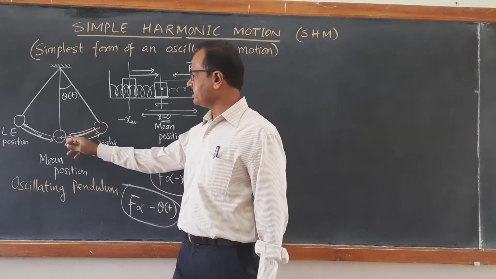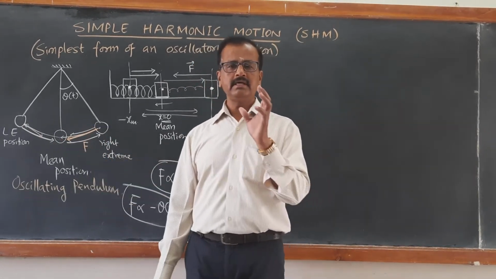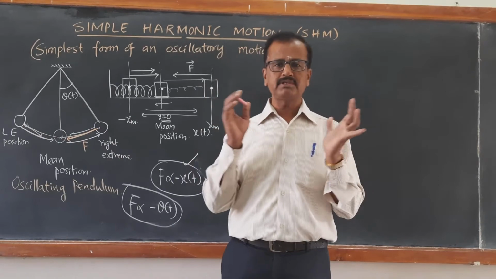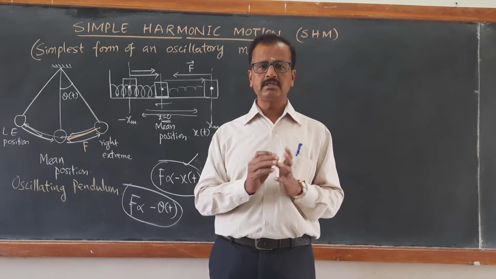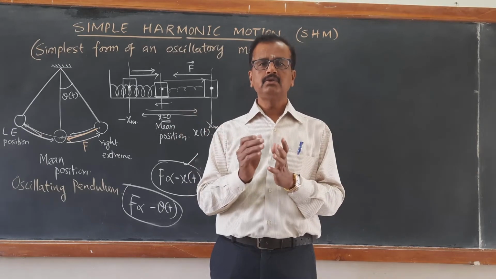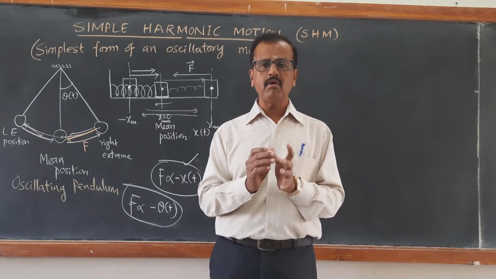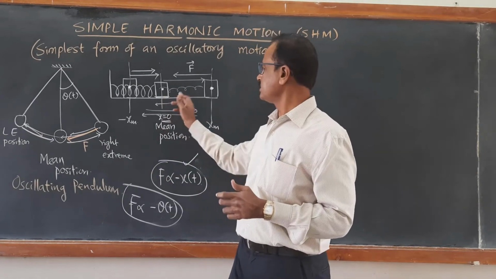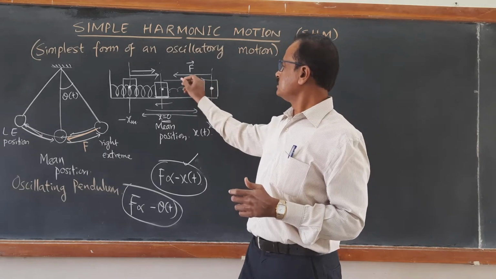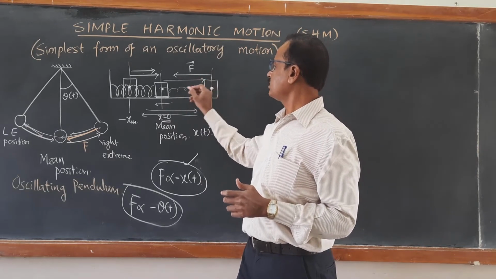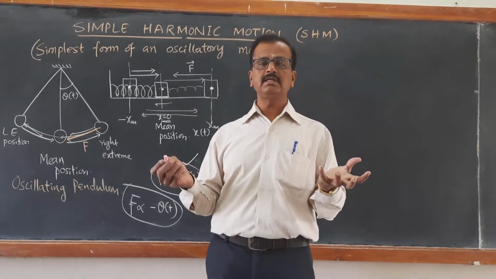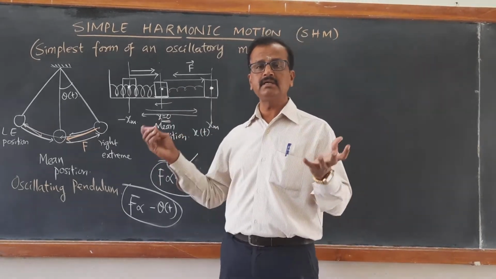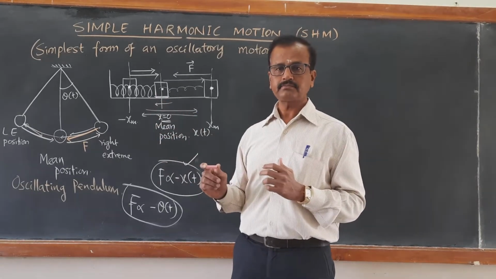Everywhere during its oscillation, there is a restoring force acting on the oscillating bob, which has a tendency to bring it to the mean position. In the same way, you have seen the restoring force acting on the block here. The restoring force acting on the block here is nothing but the spring force.